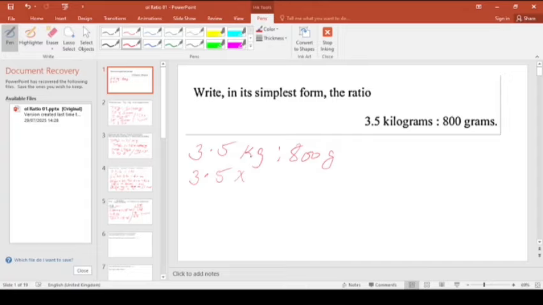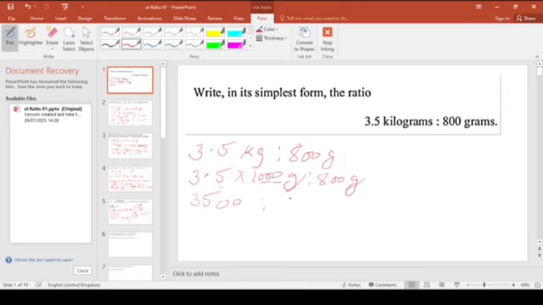Here this k is a prefix, and k means kilo, and kilo means 1000, and this g is gram, and this is 800 gram. So for 10 we bring this one digit to the left of the decimal point, 35, and the other two zeros come here, and these two g's cancel out each other.